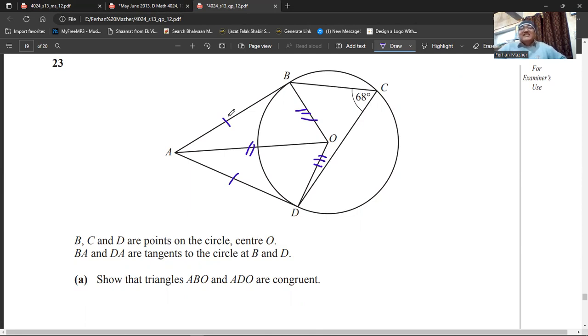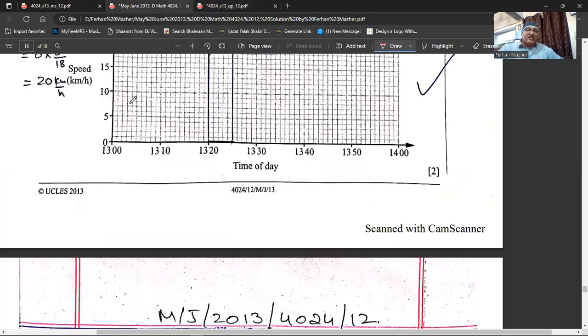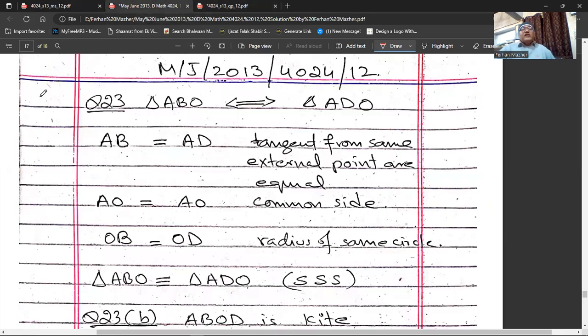The reason is the side-side-side congruency test. So let me show you. We are going to compare the triangle ABO with the triangle ADO. The AB side is equal to the AD side, the reason being that tangents from the same external point are equal.